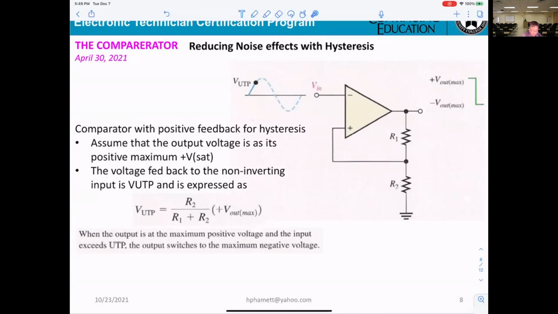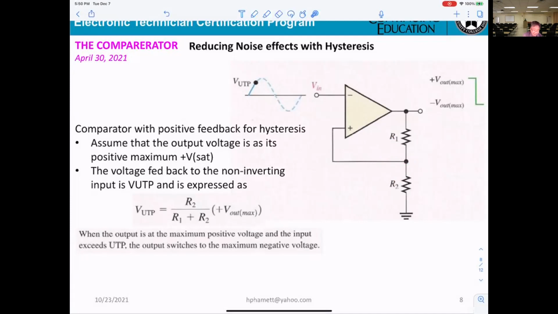You take V out plus times R2 divided by R1 plus R2. That means you want the voltage at this point. That's what they call the upper trigger.